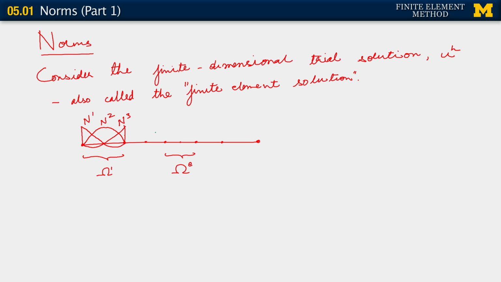Okay, so for element 2, my basis functions are going to be that. Okay, I can do better than that. Sorry. Okay, that's N1 for element 2. That is N2 for element 2, and that is N3. Okay, so again I'll say N1, N2, N3.